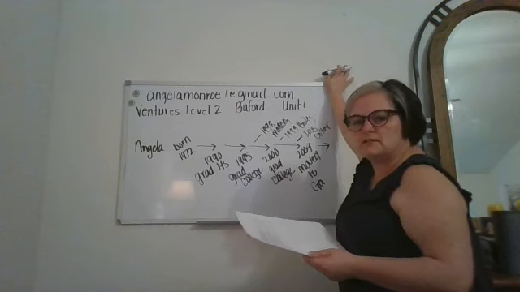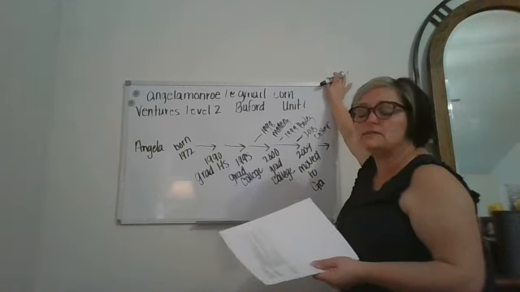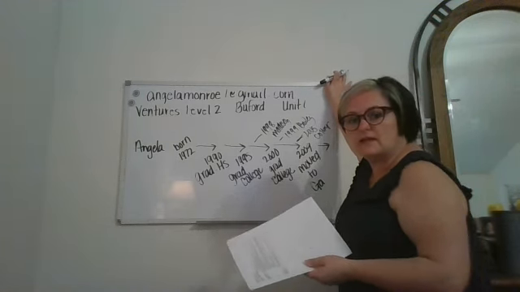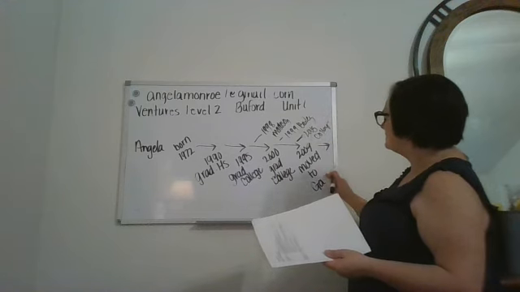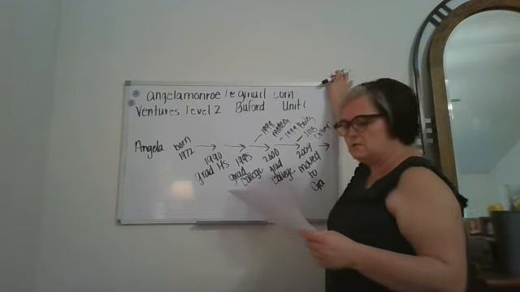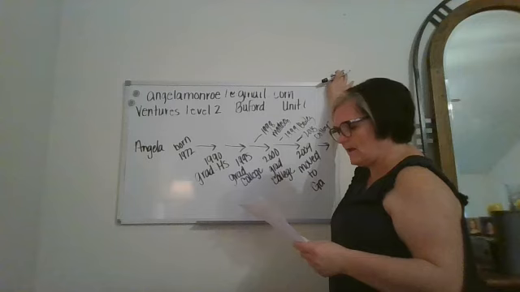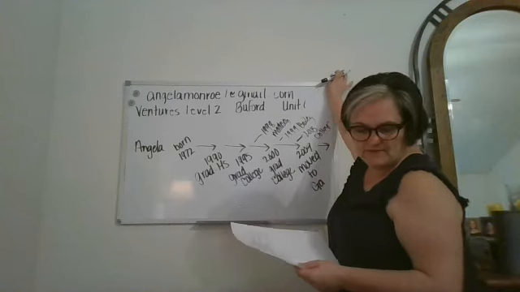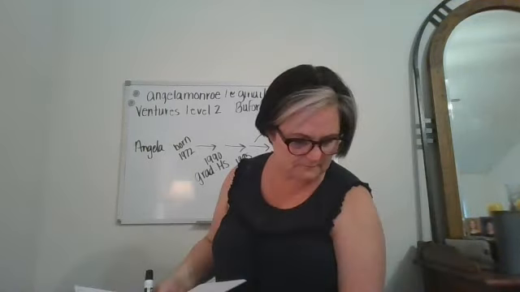Yours obviously is going to be different because you might also include when you moved to the United States, right? Just like I put when I moved to Georgia. Okay? So let's look on page 73 of your student book.